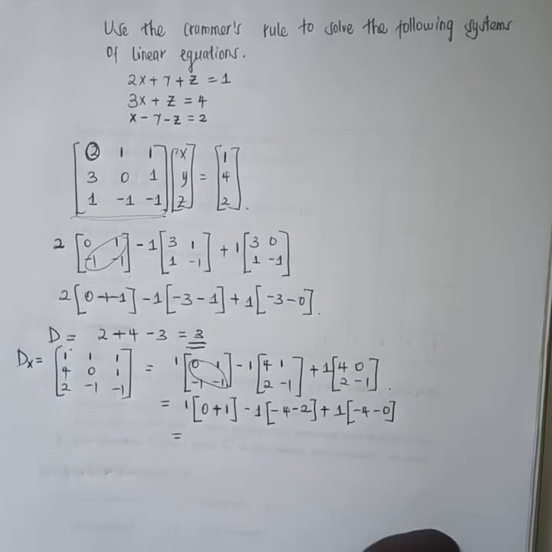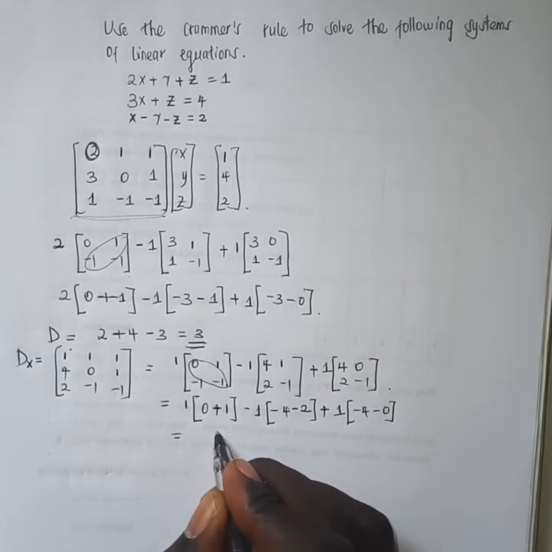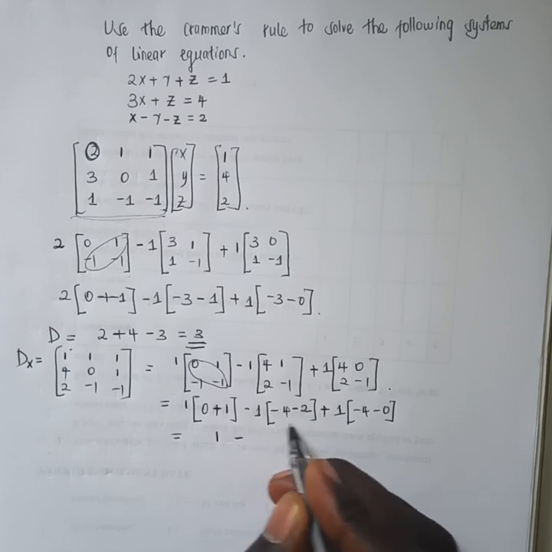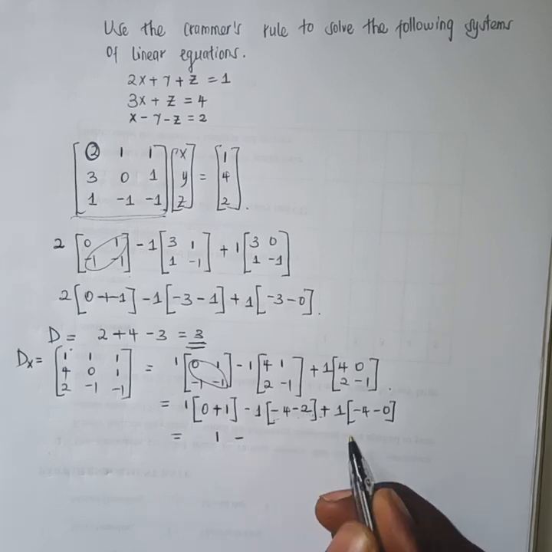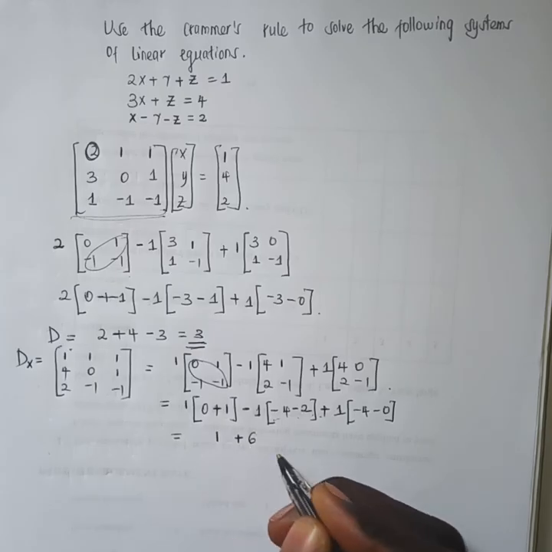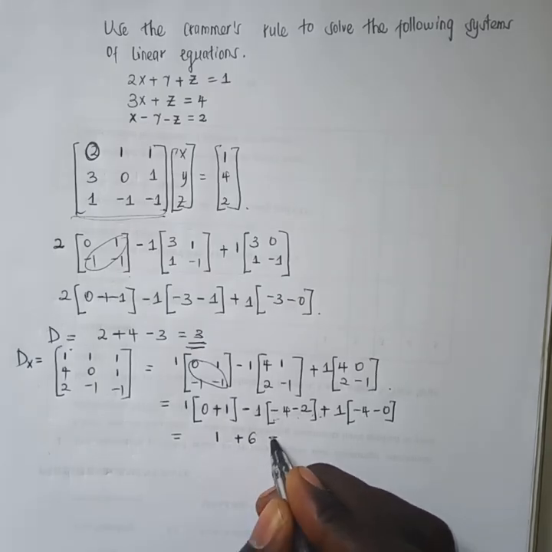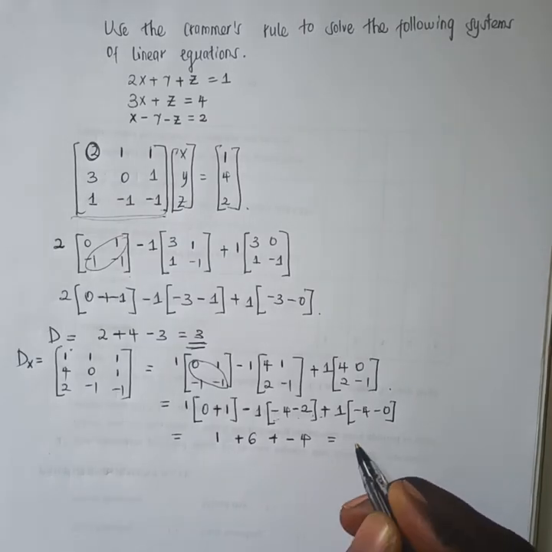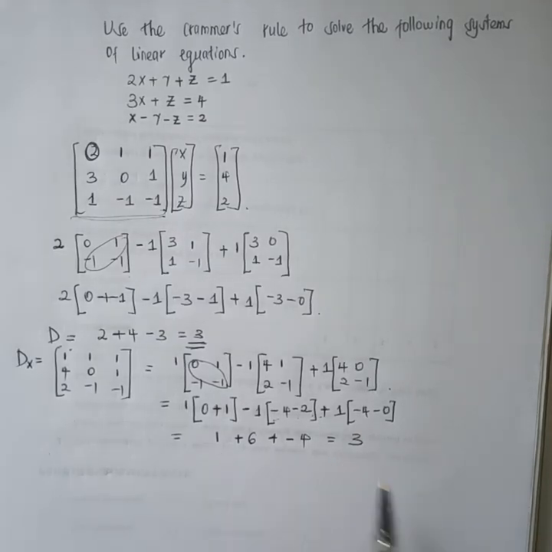This one will be giving us, this one is 1. So -4 minus 2 is -6. Multiplied by -1, we are going to get +6 plus -4. So that one is minus. We are going to get 3 because it is 7 minus 4.